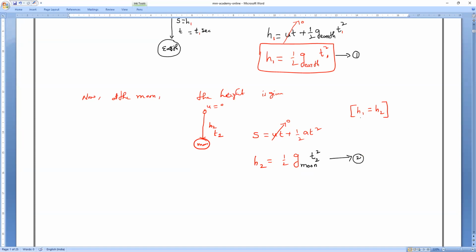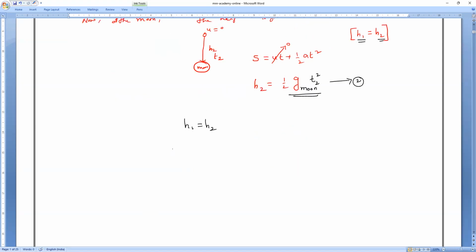According to the question, we all know that H1 is equal to H2. Am I right, guys? So can I equate it? Half into acceleration due to gravity of Earth into T1 square is equal to half into acceleration due to gravity of Moon into T2 square.